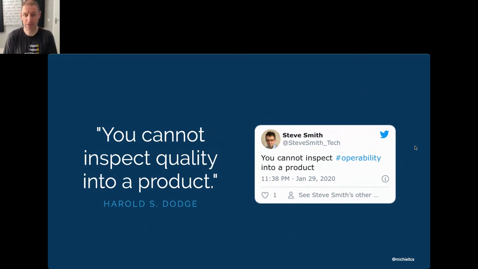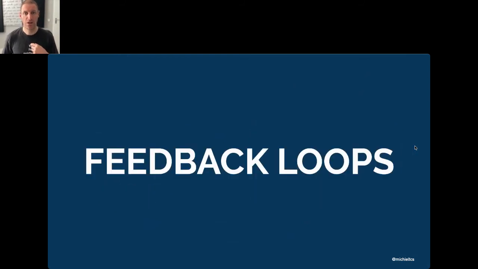And inspecting operability into a product is as difficult. It means that as you build stuff into your product, you need to take operability and observability into your mind as you build out that product. Because operability and observability are essential to building up good feedback loops.